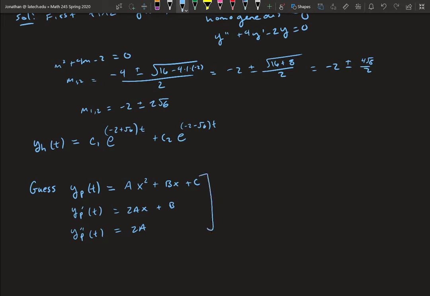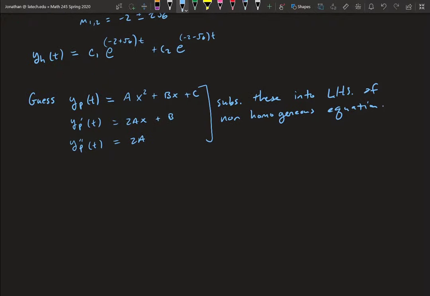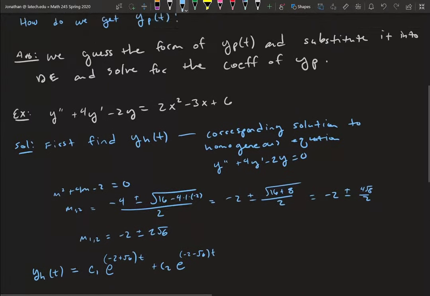And now substitute these three into the left-hand side, call it LHS, left-hand side of the non-homogeneous equation. And if we do that, we'll get, let's see, what were our coefficients?